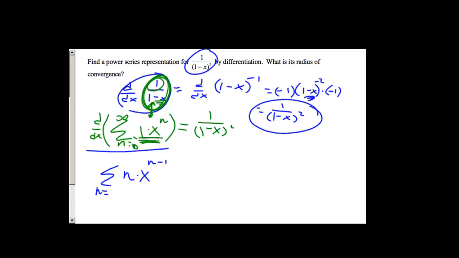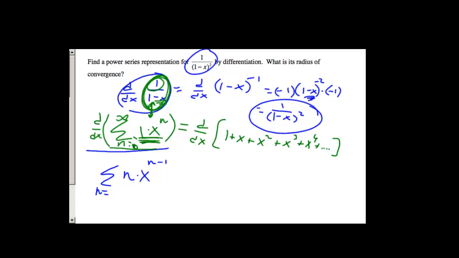So if we were to take it a little bit slower and say that the derivative of the sum of all this would be just the derivative of 1 plus x squared plus x cubed plus x to the 4th plus dot, dot, dot.